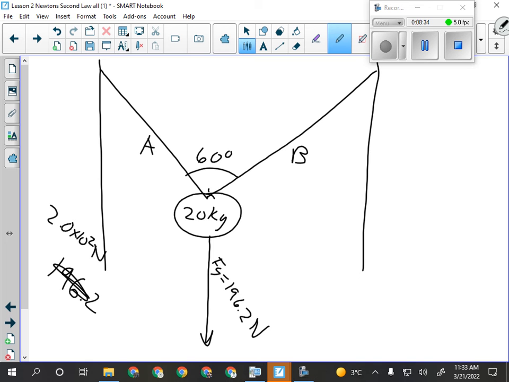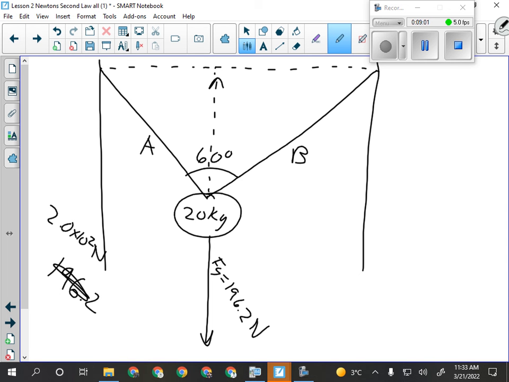They're like, oh, all right, so this force here is 196.2 newtons. But it's really not. That force is split between two cables equally. So each cable only pulls with half that much force. That way you get 196.2 up and 196.2 down.